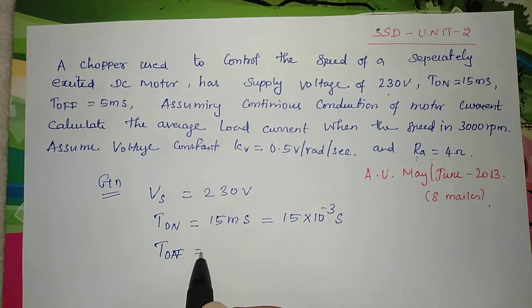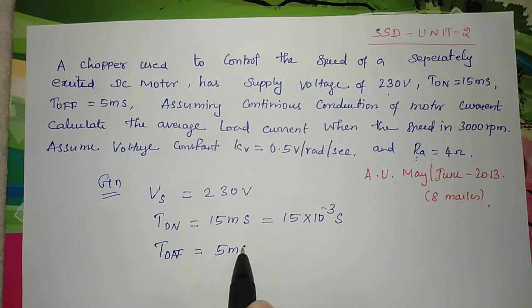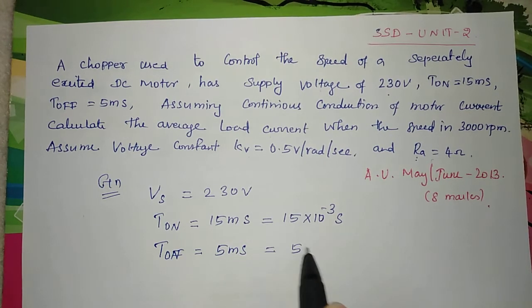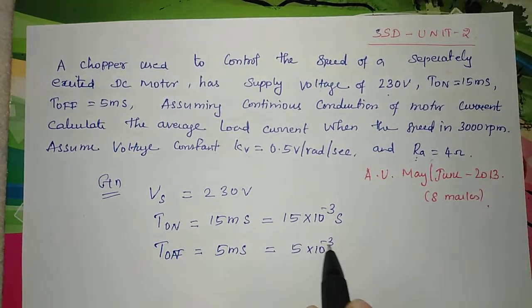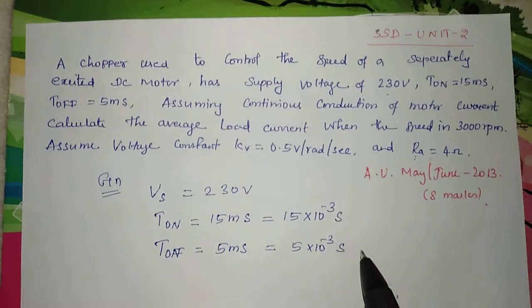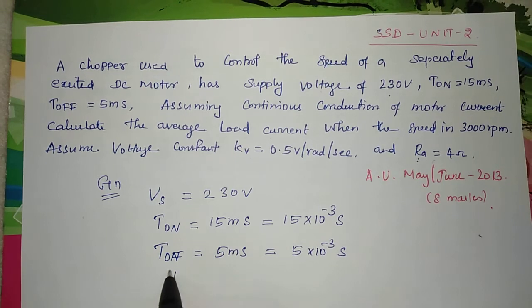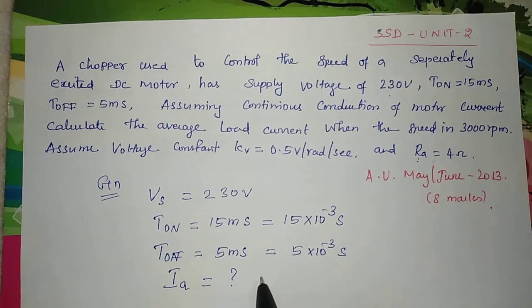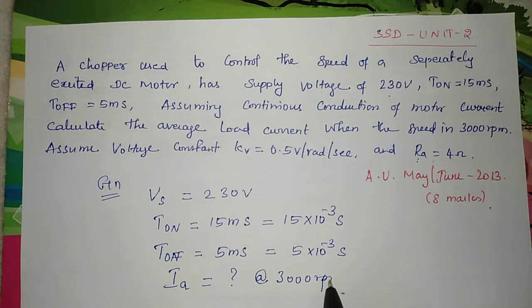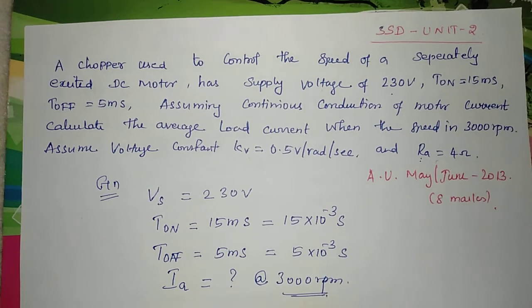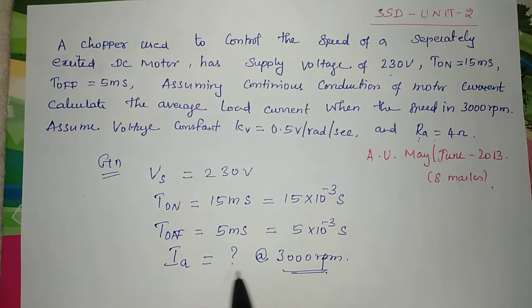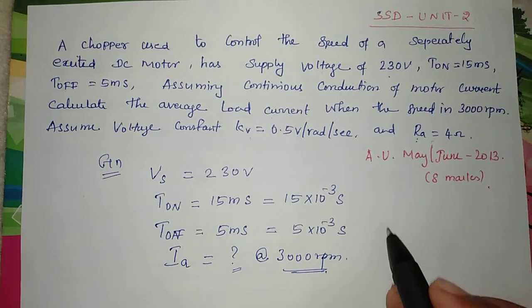That is 5 millisecond, that is 5 into 10 to the power minus 3 second. And the data required is the armature current, that is the load current. This is what we need to identify at 3000 RPM. The speed value will be 3000 RPM. At that RPM, how much current is required, that we need to identify.